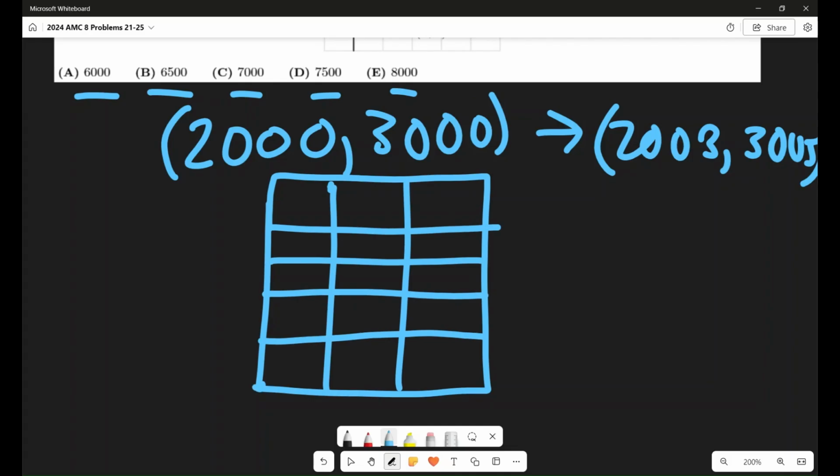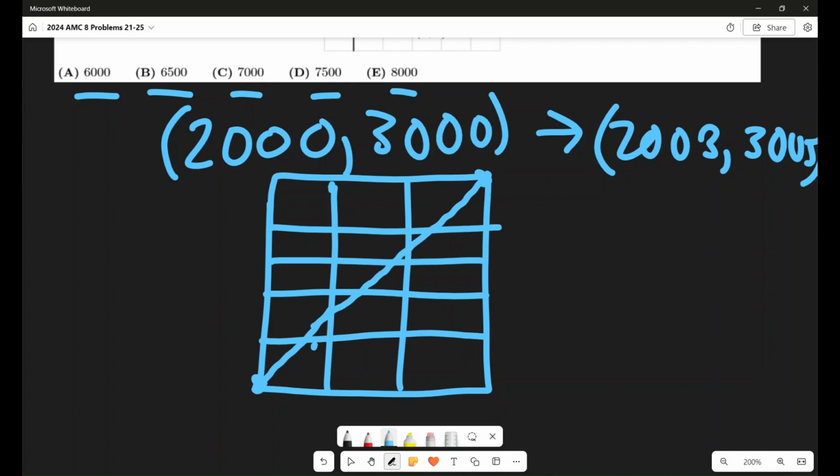Now, remember, we're going from this point to this point. So for every 3 units right, we go 5 units up, which means for every unit right, we go 5/3 units up. So we go from this point to around there, and from here, we go there, and it'll connect.